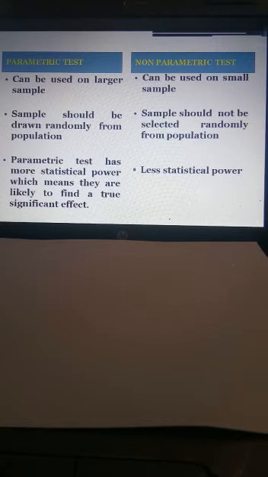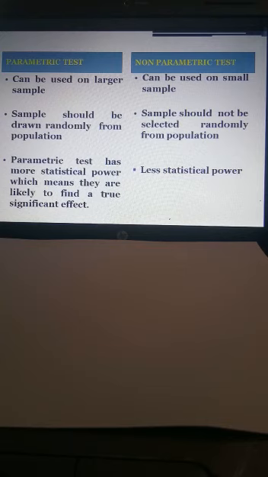Then the other difference is that we can apply the parametric test when the sample is drawn randomly from the population. Means when we are using the random sampling technique, we apply the parametric test, and this condition is not applicable to the non-parametric test, as we may use the convenient sampling technique. In the parametric test we need to choose the sample randomly from the population, and in the non-parametric test we do not need to.